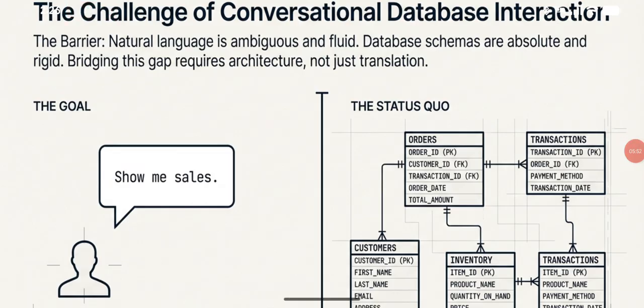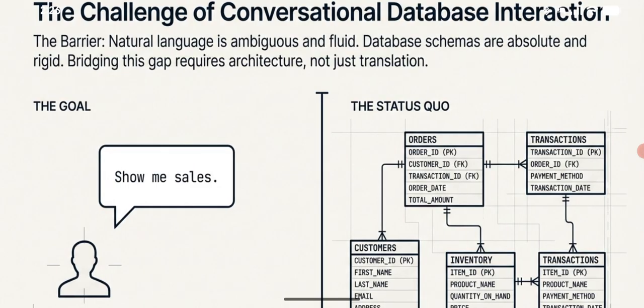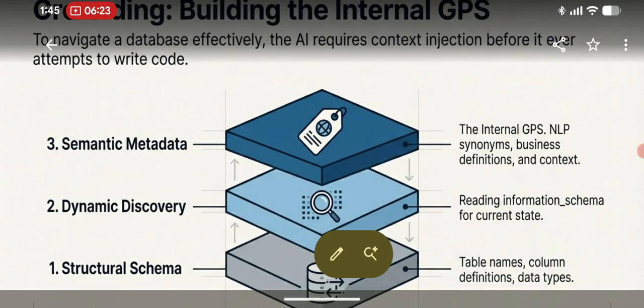Okay, so what kind of challenges does one face when conversing with a database? Natural language is ambiguous, and data schemas are obsolete and rigid. So we define the tables, columns. How to make the agent understand the semantic data about the database, about the tables and the columns, is by providing all the information in the knowledge base.